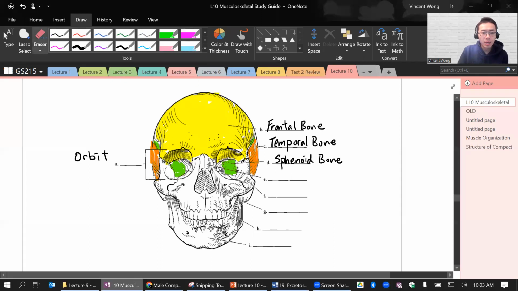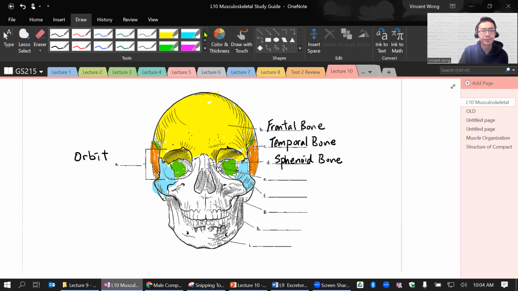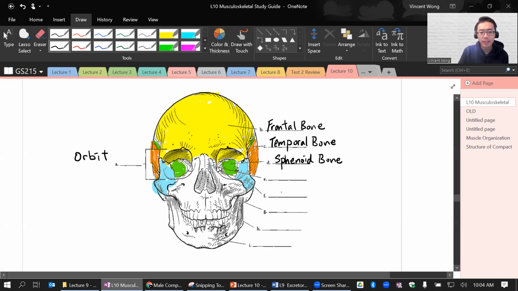All right, what about this one here on the side? That one forms the prominence of your cheek as well as the lateral side of your eye socket. That would be the zygomatic bone, the cheekbone.